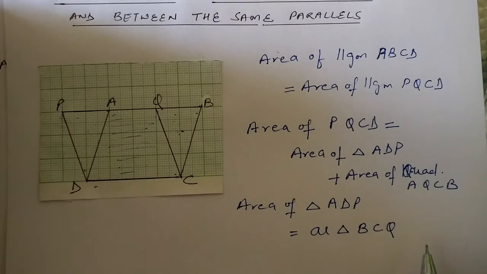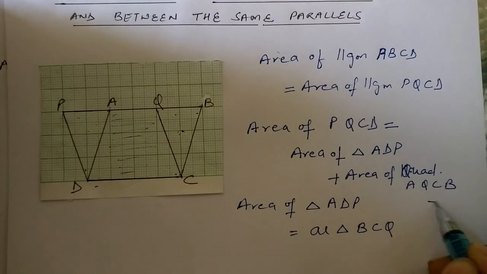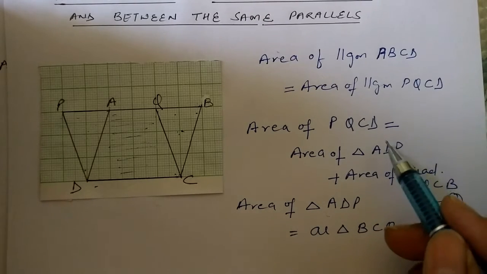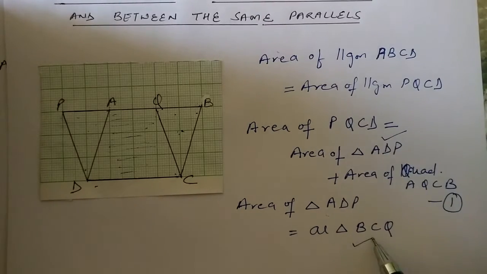Now here what I'm going to do is, let this equation be 1. I'll replace the area of triangle ADP by the area of triangle BCQ. Let it be equation number 2.